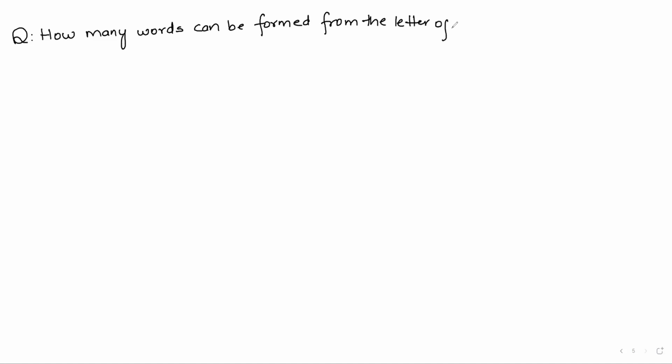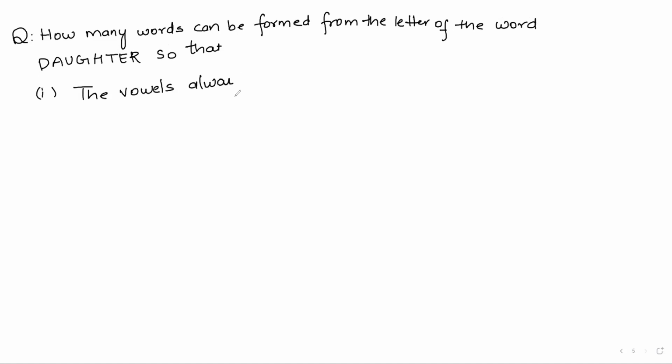How many words can be found from the letters of the word DAUGHTER so that, first, the vowels always come together, and second, the vowels never come together.